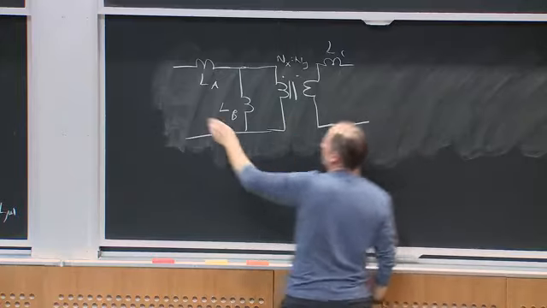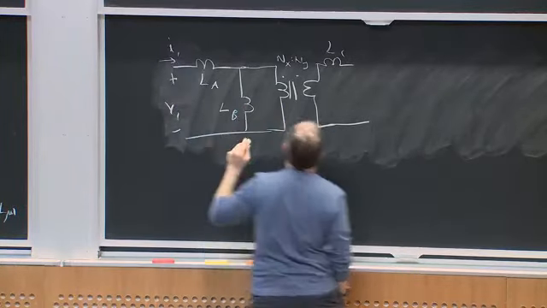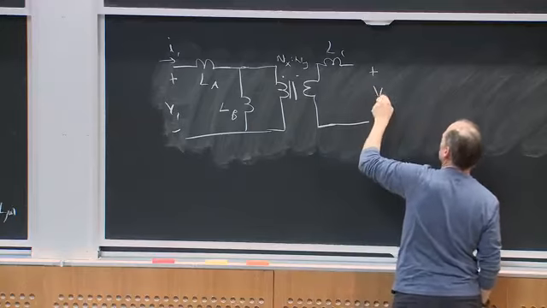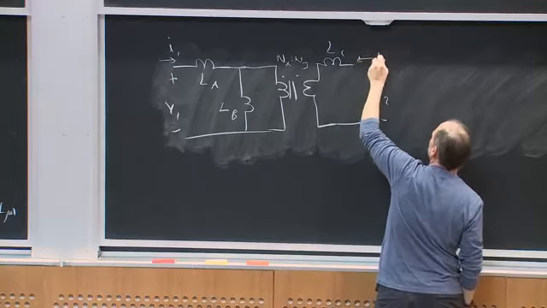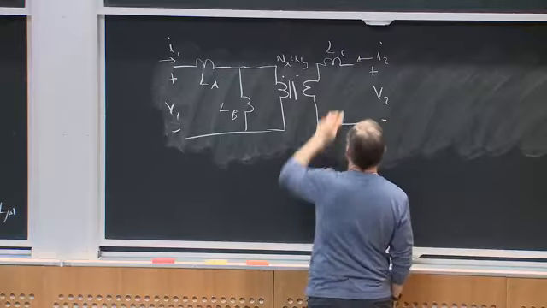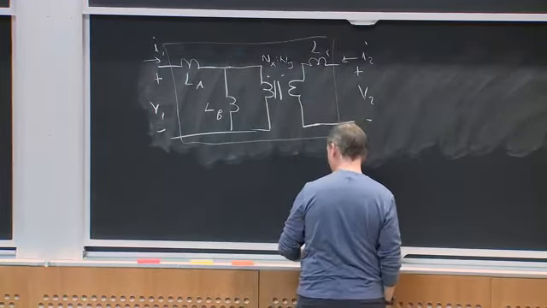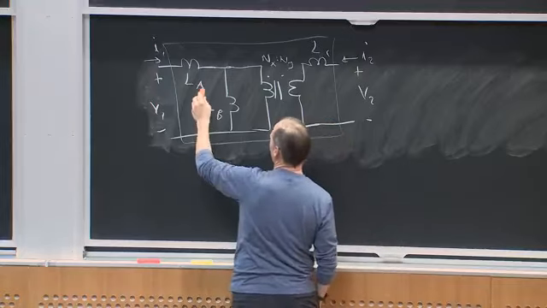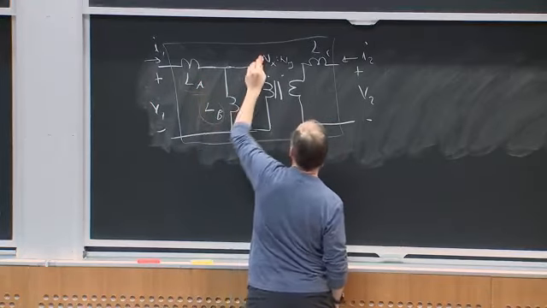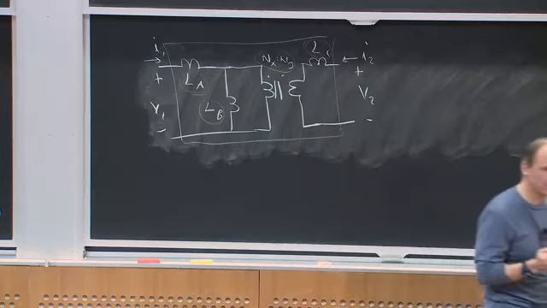And I would call this V1 and I1, and this V2 and I2. Okay? And now, if I put this in a black box, I'm not going to worry about whether this physically represents things, but now I have 4 parameters to play with, and I can use those 4 parameters any way I want.